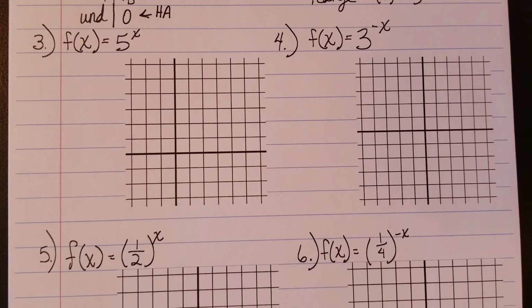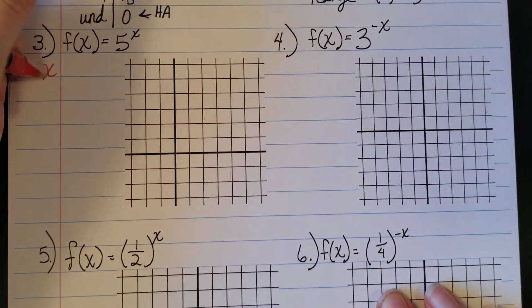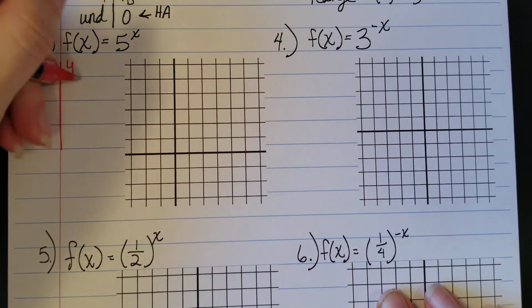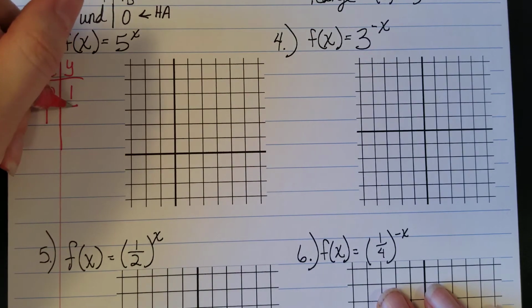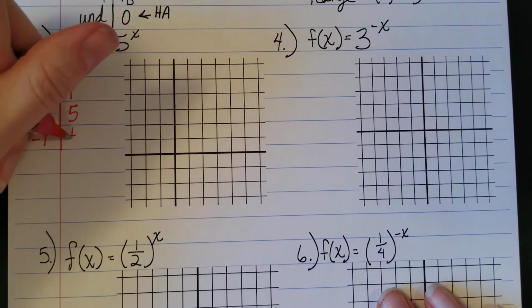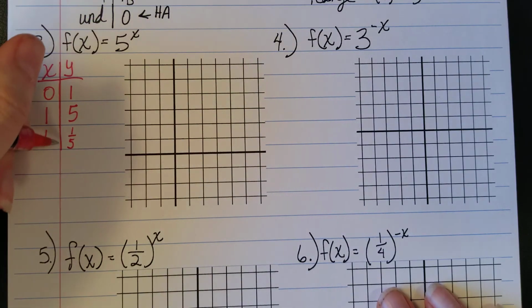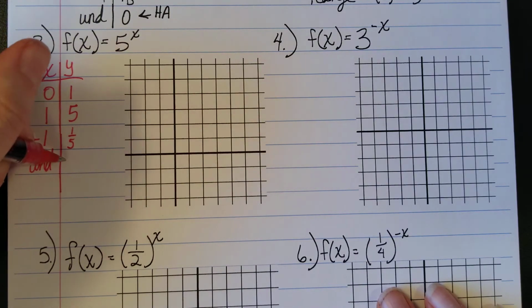So 5 to the power of x. So your table would just be 0, 1, 1, 5. You could have negative 1 and then 1/5. And then undefined at 0, that's your horizontal asymptote.